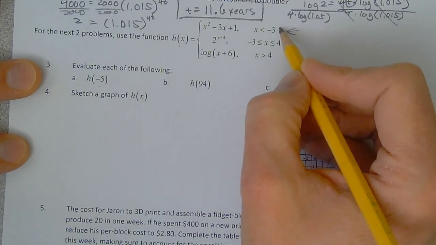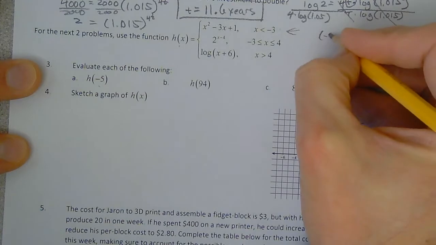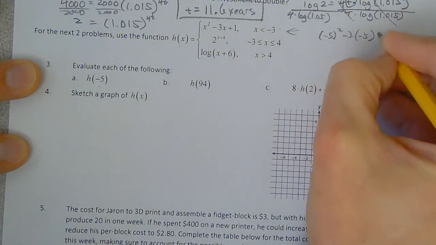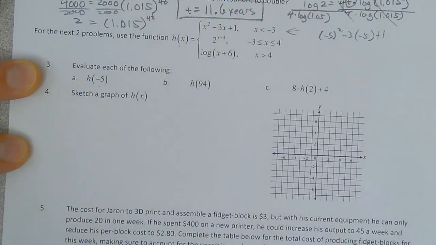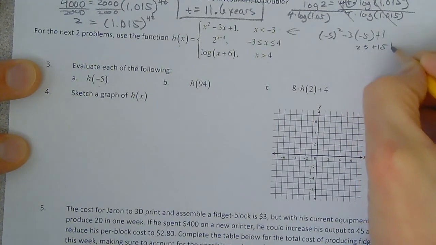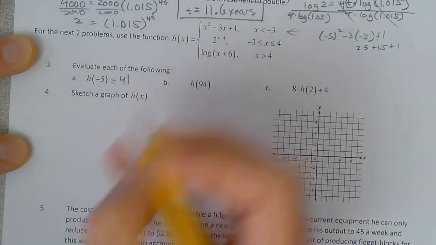So the -5 is going to go in there, and that's going to give me a -5 squared minus 3 times -5 plus 1. Looks like 25 plus 15 plus 1 is 41.